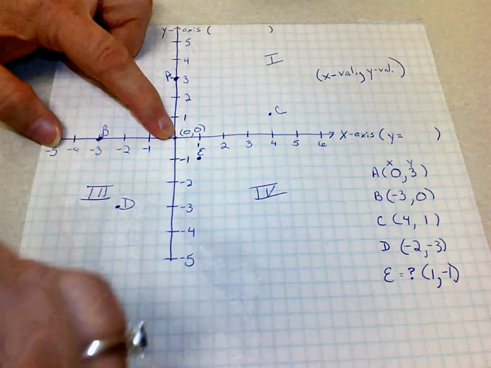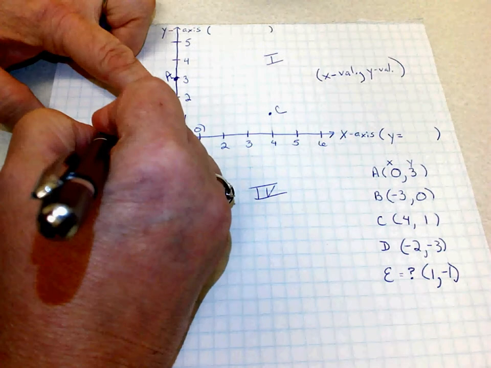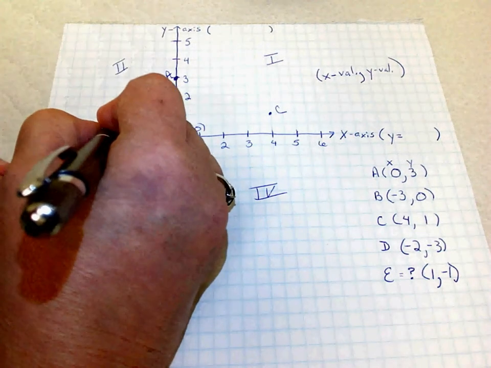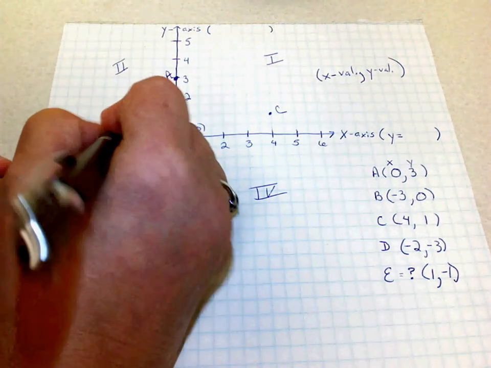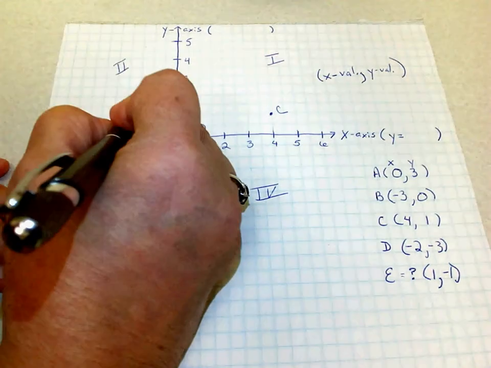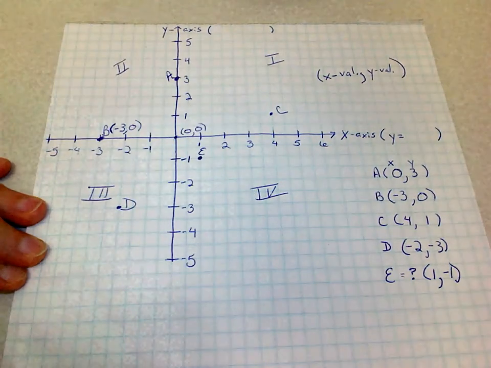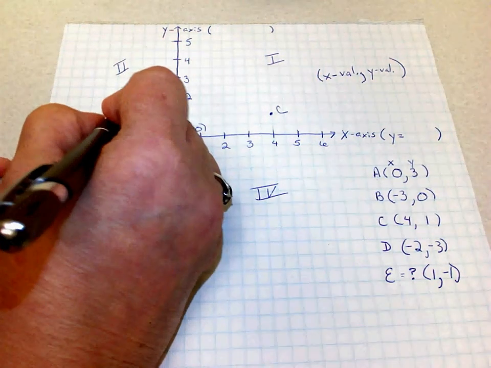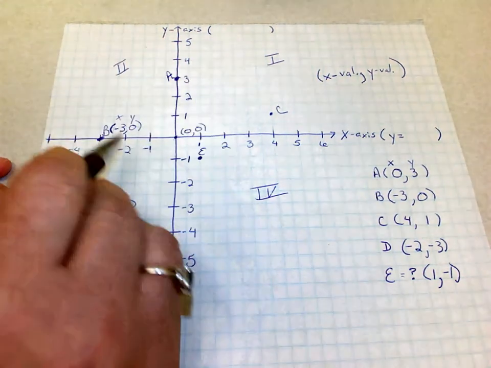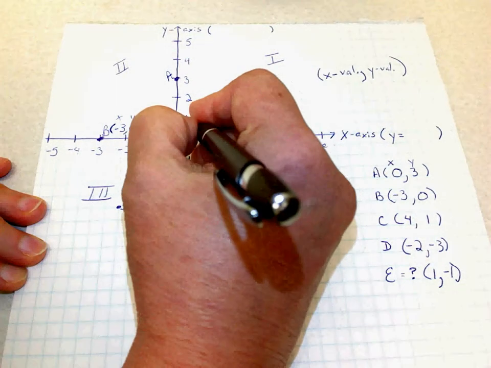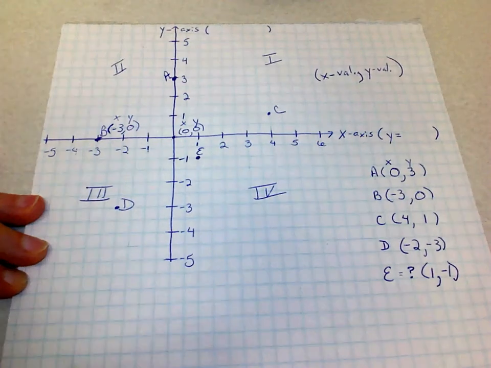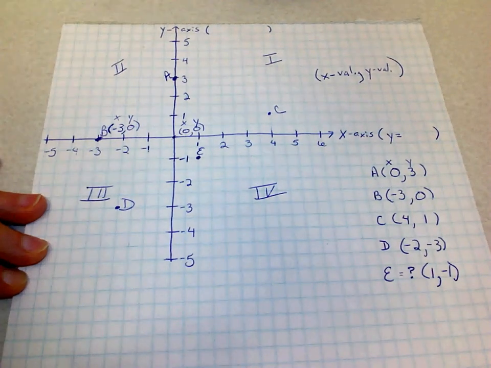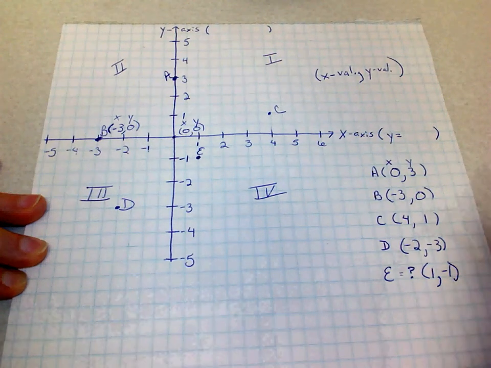And for B, we had found that we've got x equals negative 3, but y equals 0. So my x, my y, my x, my y, what is the value of y in each one of those? You got it. It's 0.